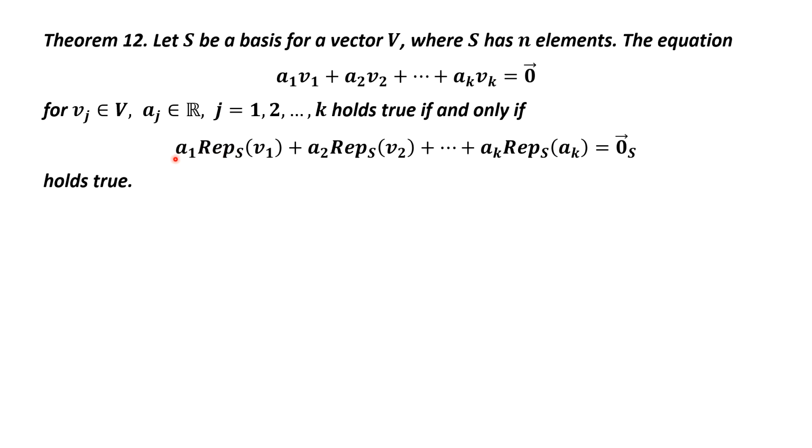If we took the linear combination of these column vectors, that would also equal 0 if and only if the first equals 0, and vice versa. So let's prove that on the next slide.